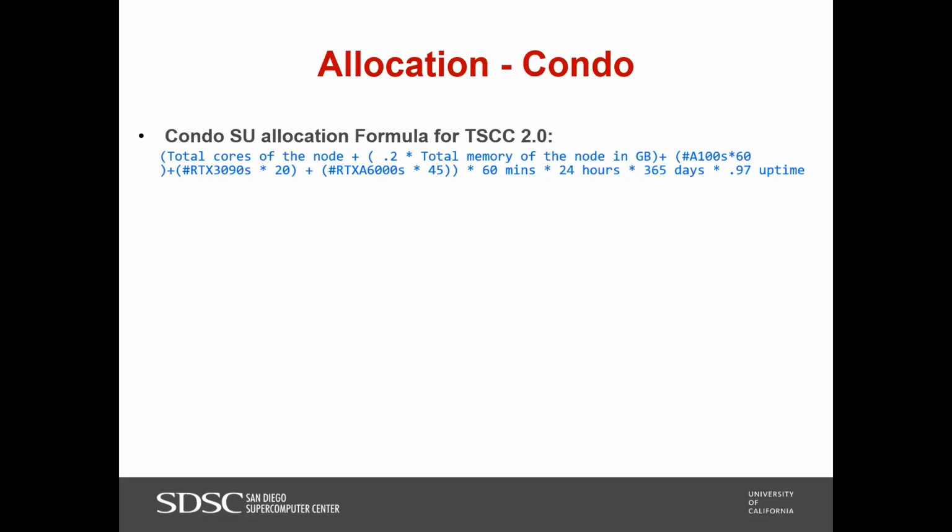And if your node comes with GPU cards, we are also considering crediting your GPU cards and adding them into this formula, and then we multiply the number by 60 minutes, 24 hours, 365 days, and still 0.97 uptime.